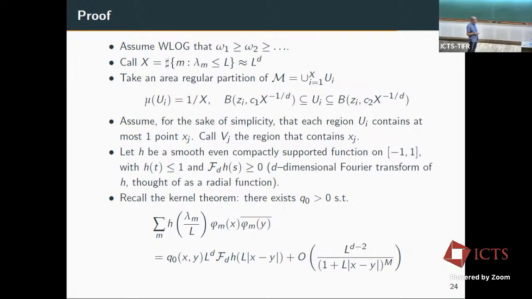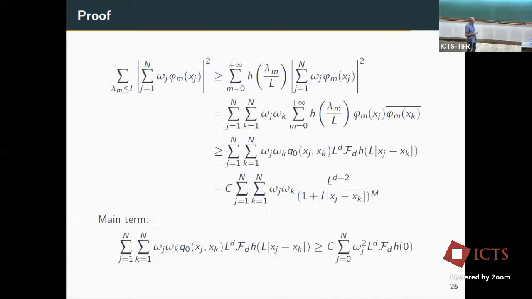And so as we mentioned before, this kernel is equal to a first term. Notice that Q was positive, and now I choose H so that FD of H is positive too. So this first part here is positive, and then you have a remainder of this order. So this is the quantity that we are going to estimate, sum of exponential squared.